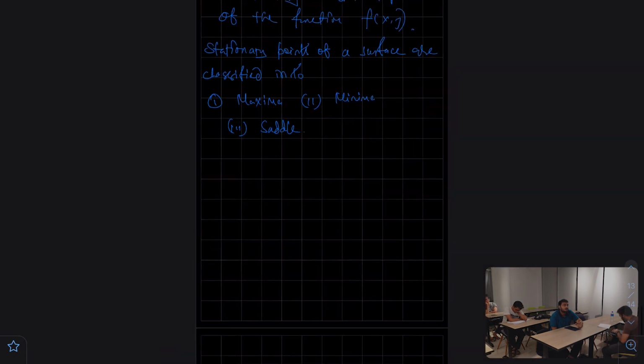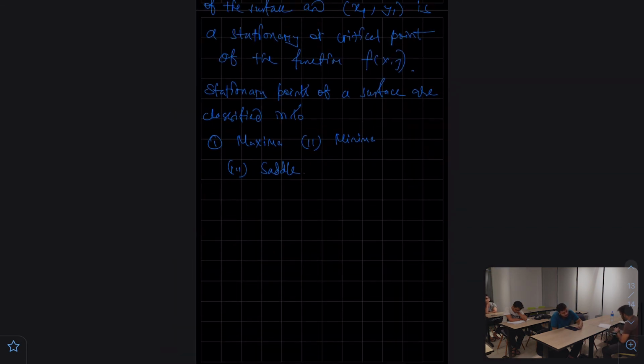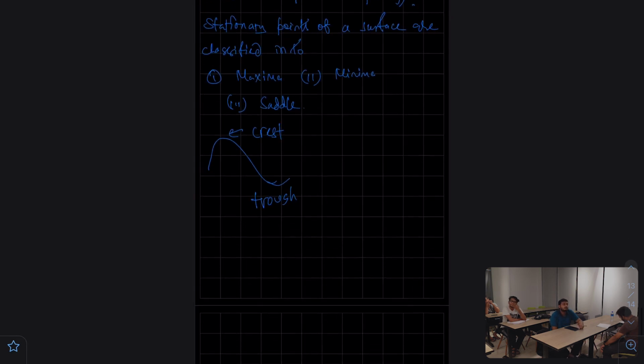Zoom out. Yes. So these 3 things are like, one is a maxima, the crest of a mountain. Another would be, sorry, not a valley, it would be the trough of a mountain, and another thing is the valley.